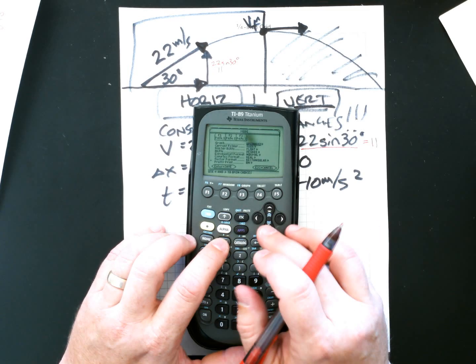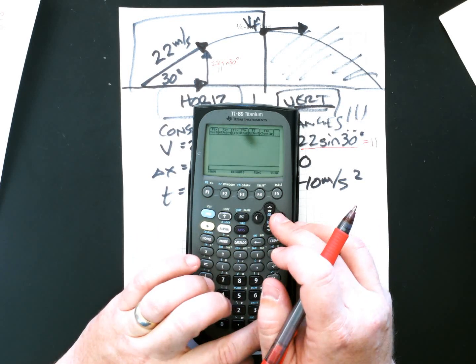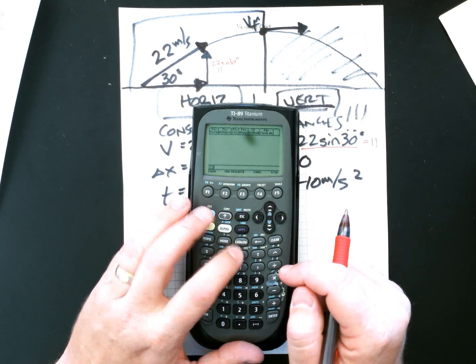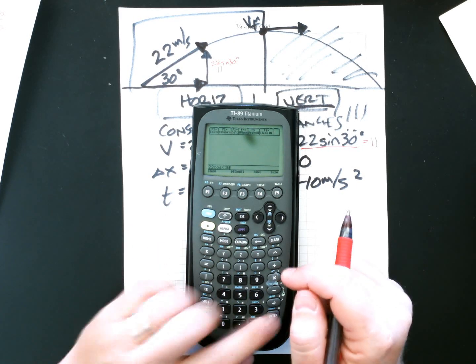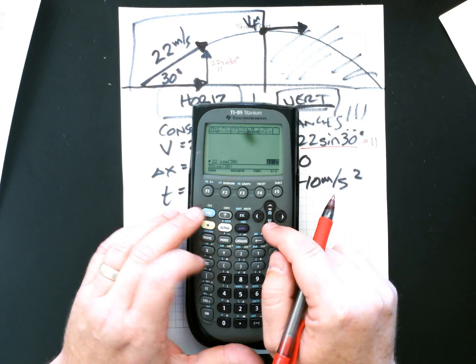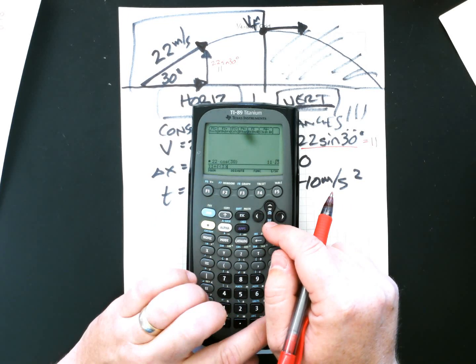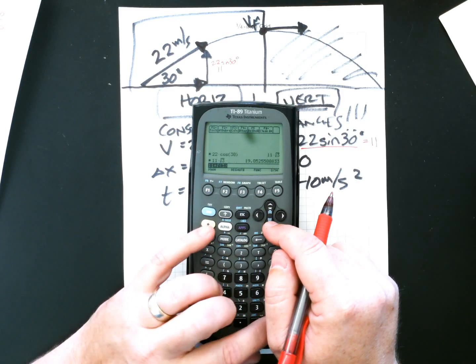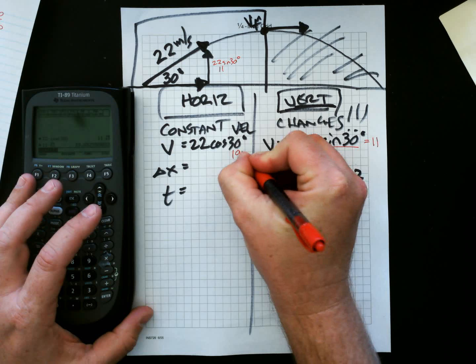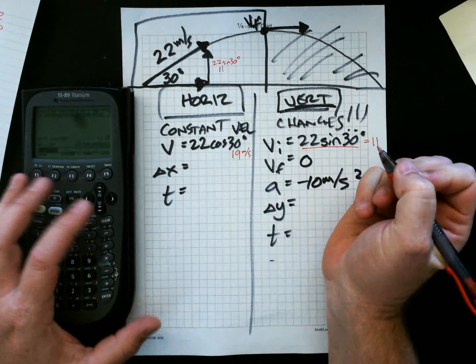I go to mode, I go to degrees, so now I have 22 cos 30, close my parentheses, hit enter. 11 root 3, don't want that. Seriously, that's annoying. It's about 19, so I'm going to round it to 19. So this is 19 meters per second sideways.